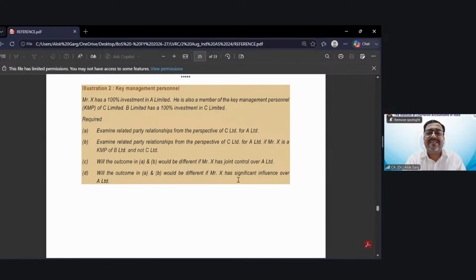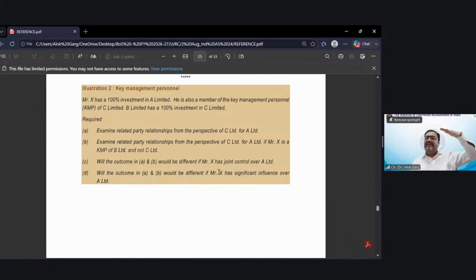Now, if Mr. X is a KMP of B Limited and not C Limited. Who is B Limited? B Limited is the parent of C Limited. So Mr. X is not the KMP of C Limited, he is the KMP of the parent of C Limited, and he has control over A Limited. Whether C Limited and A Limited are related parties, the answer is yes.